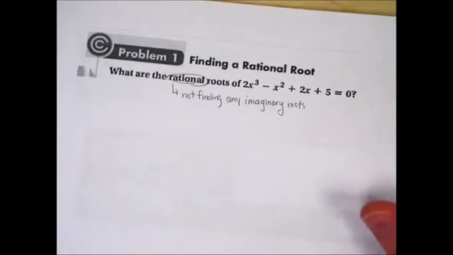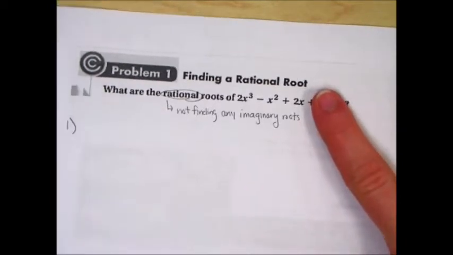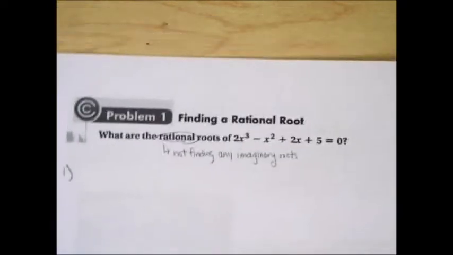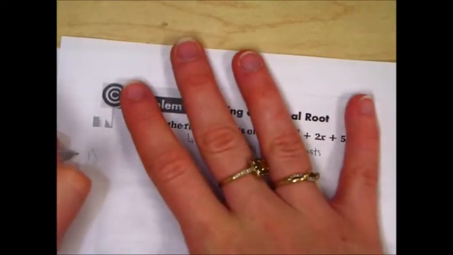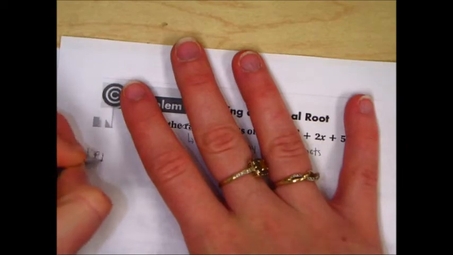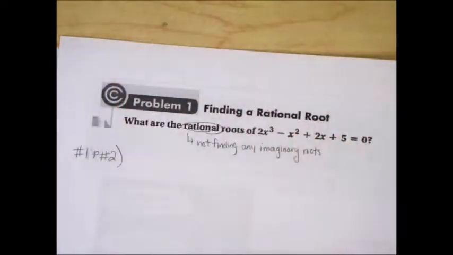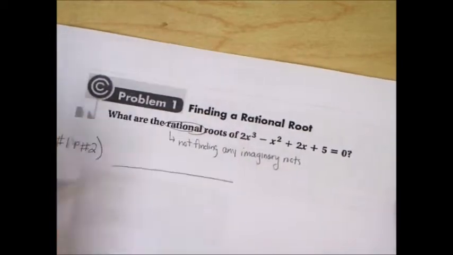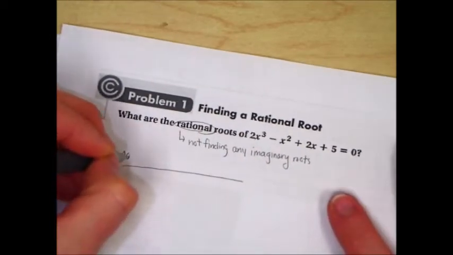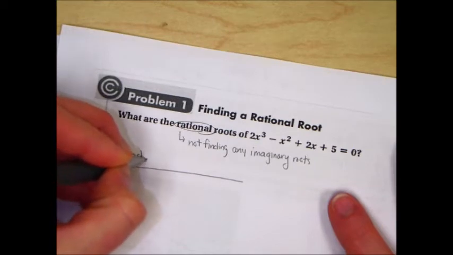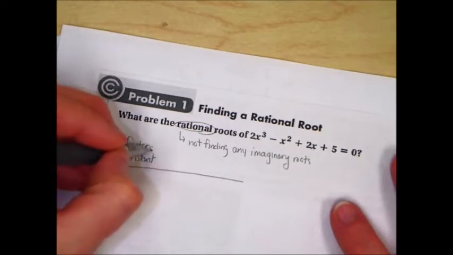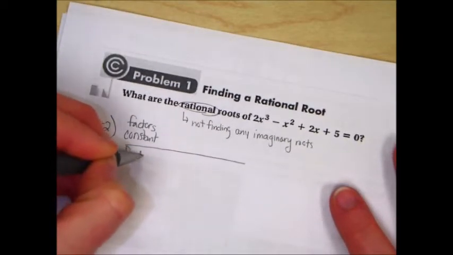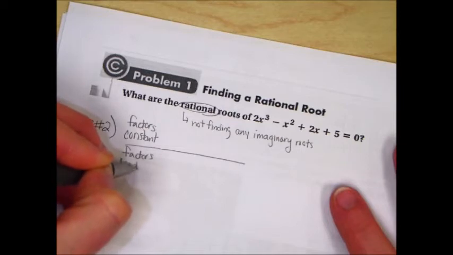Okay, following your steps from the front page. Step number 1, find all the factors of the leading coefficient and the factors of the last. I'm actually going to do number 1 and number 2 at the same time. I'm going to draw a big fraction bar, and on the top I'm going to put the factors of the constant, and on the bottom the factors of the leading coefficient.